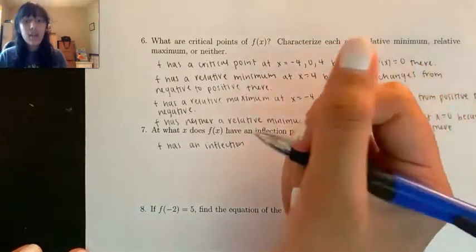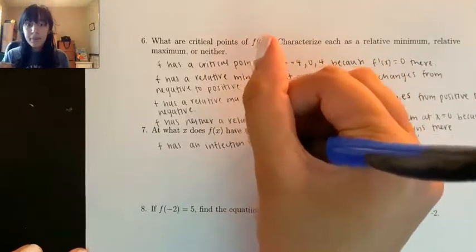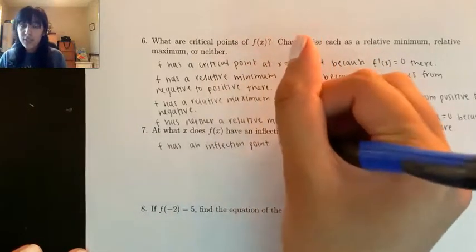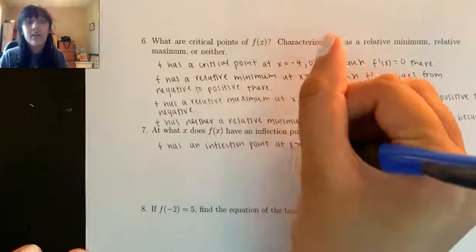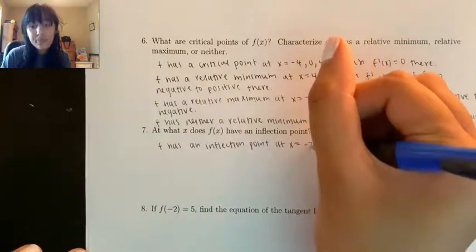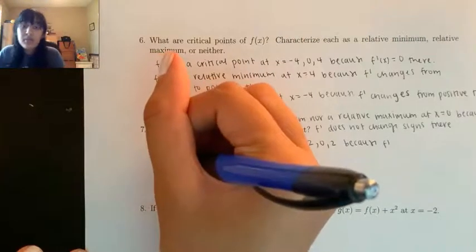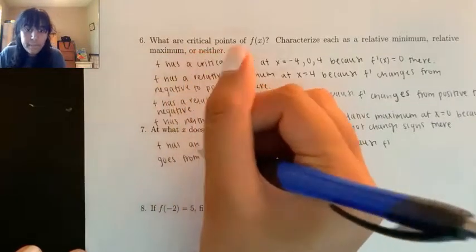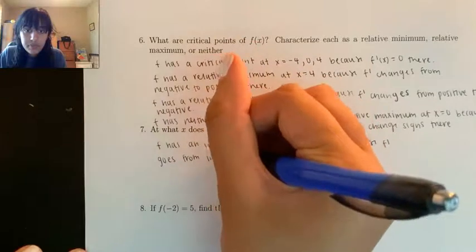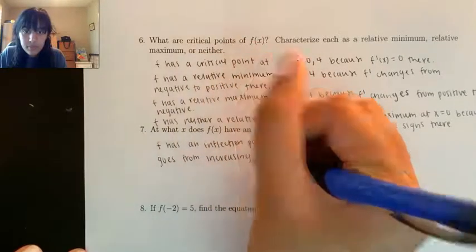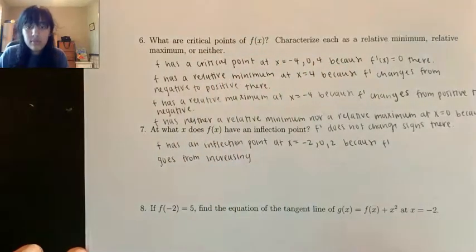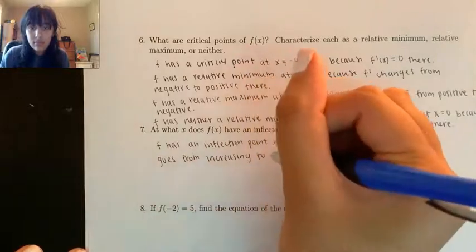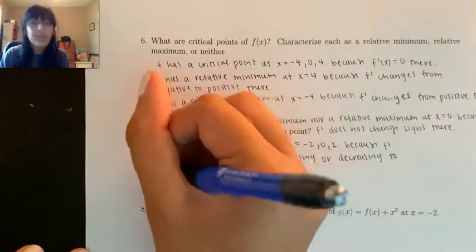You can just list your 3 inflection points and then write that it's going from decreasing to increasing or increasing to decreasing. Sorry, I'm a slow writer.